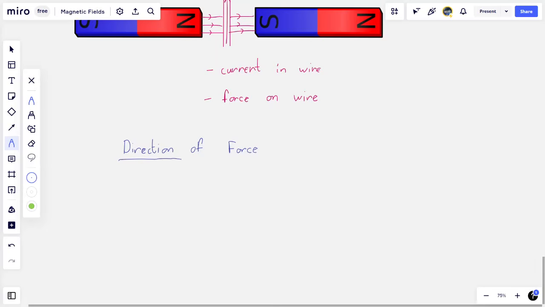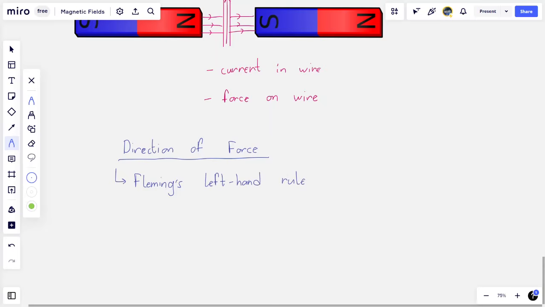Since we aren't studying vectors in this course, we have to use a little piece of imagination to find the direction of this force, and we use something called Fleming's left-hand rule, which looks something like this.